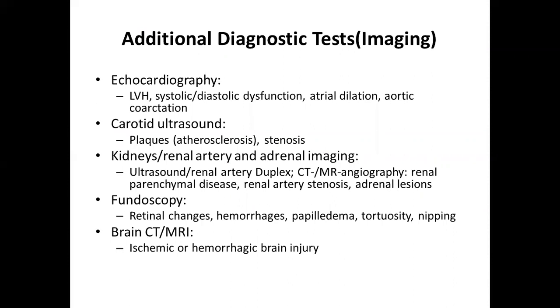You should also do fundoscopy if the patient has blurring of vision, or if he is newly diagnosed with hypertension, to look for retinal changes and hemorrhage. Similarly, brain CT and MRI are done if there is a stroke associated with the hypertension. In those cases, we do these additional investigations. Otherwise, in most patients, we should do the basic investigations, and other investigations should be done according to the patient's history, physical findings, and profile.